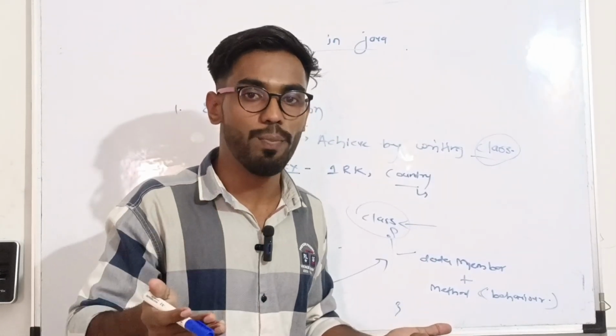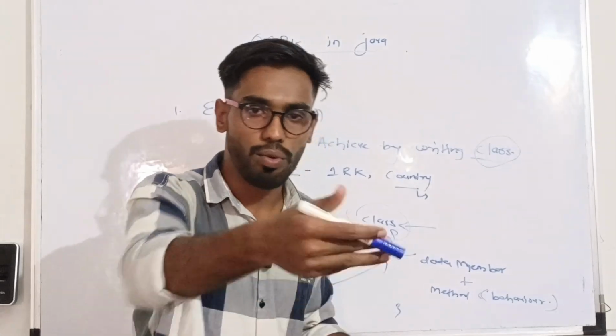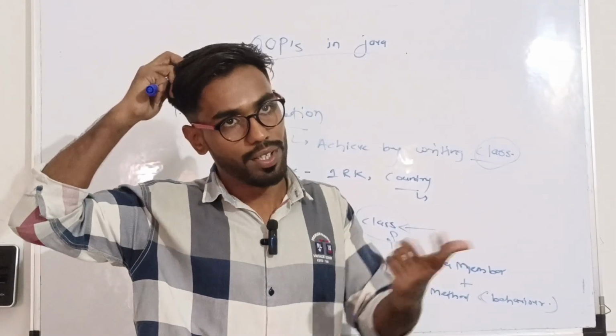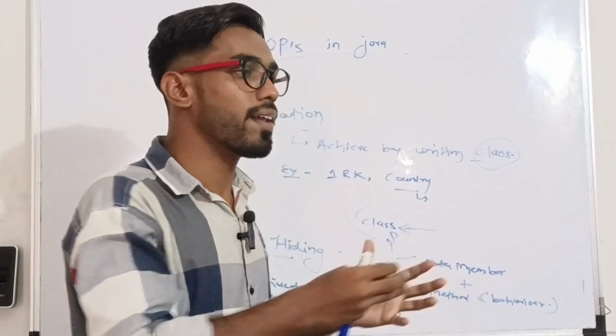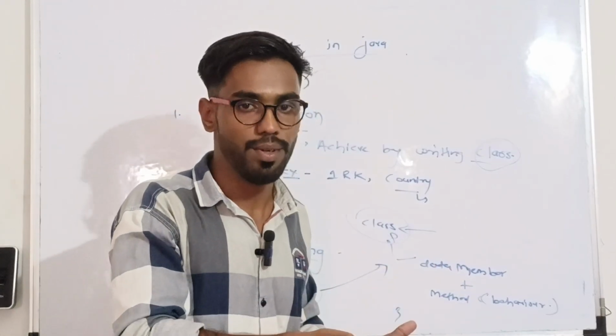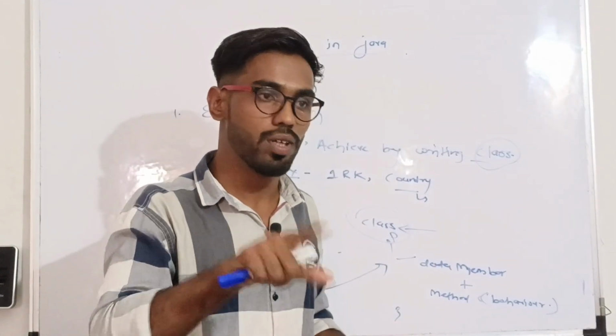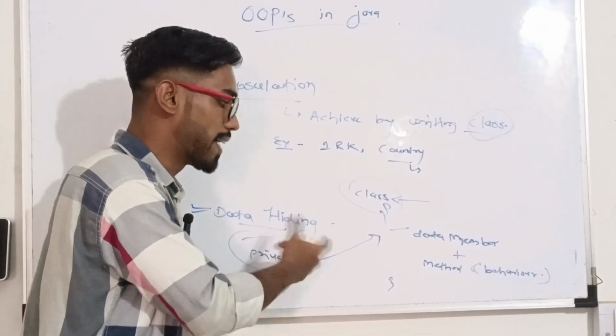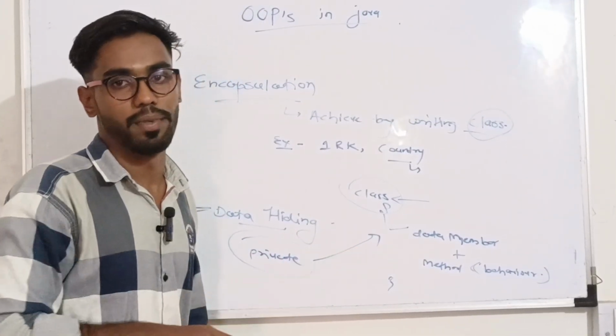If the door is open, the kid goes outside, and everybody in other houses can get that kid and play with him. For that purpose the mom closes the door. Data hiding is nothing but applying the access specifier on particular data members.